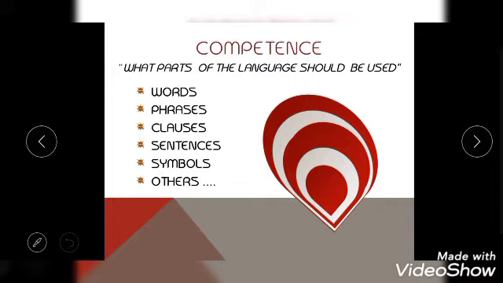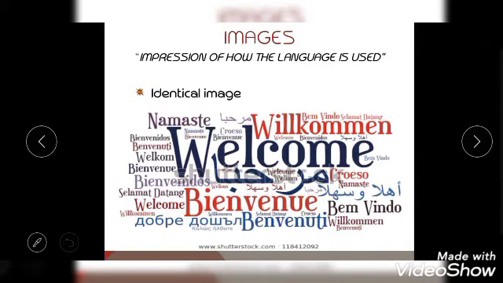The speakers may use some definite words or phrases or clauses and sentences and also symbols or others, like gestures, which are also a way of communication. So the ability is the level of ability of the speaker or the sender of communication. And the following is creativity.